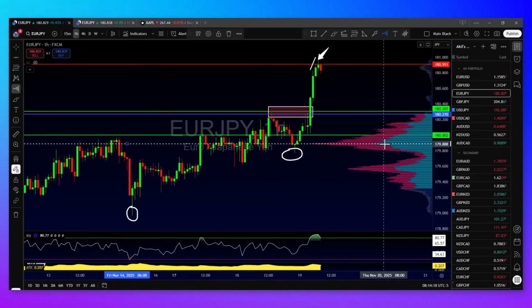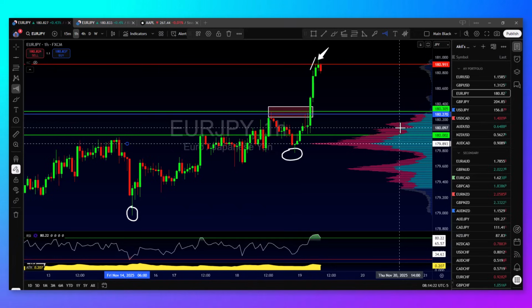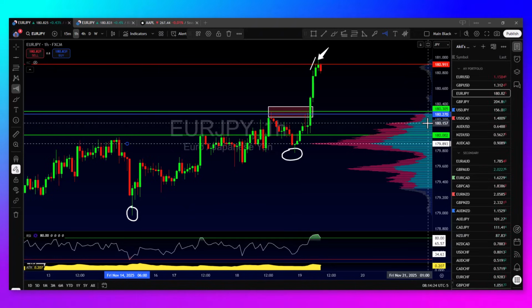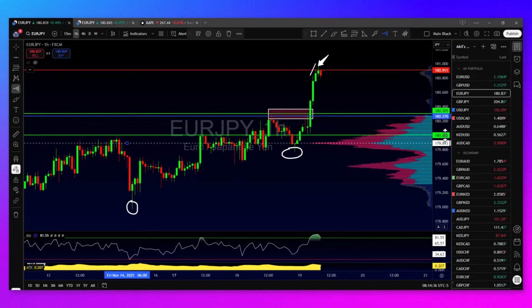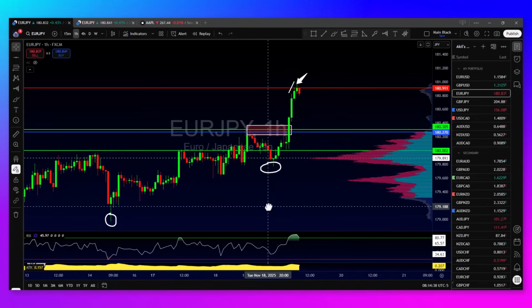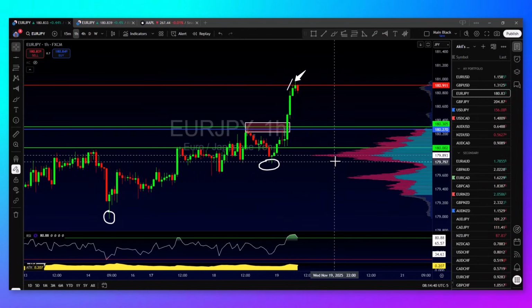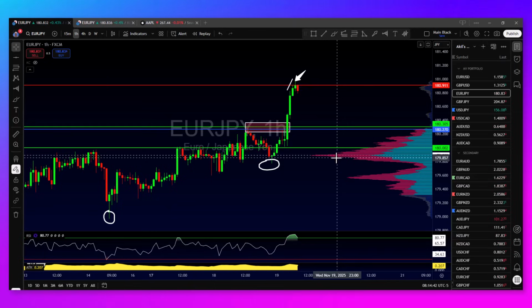Point of control right here at about 179.88. So maybe that plays a role into your decision making. Maybe it doesn't, right? That's for you. I personally like this level up here, the first one, right above this level of structure, about 180.30s. So now you got that. I think no matter what you choose, I don't think there's going to be a risk-reward problem.